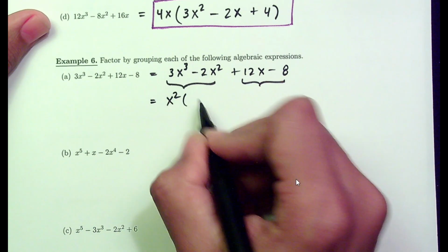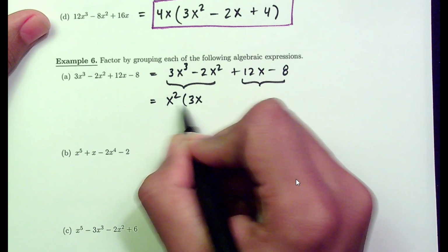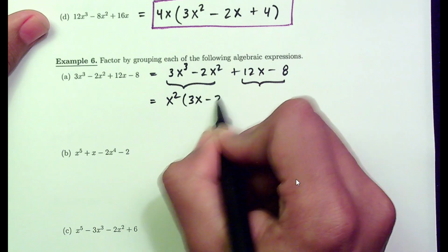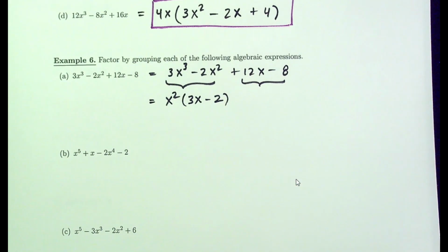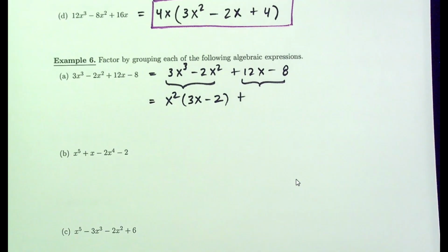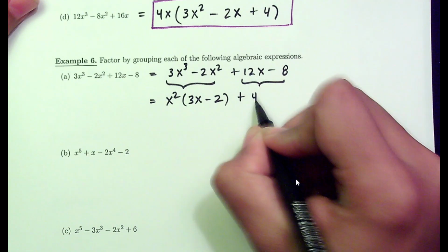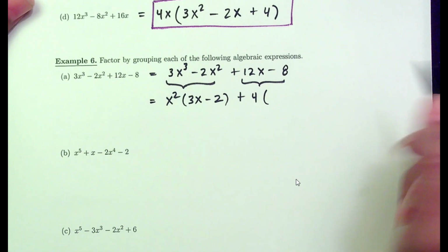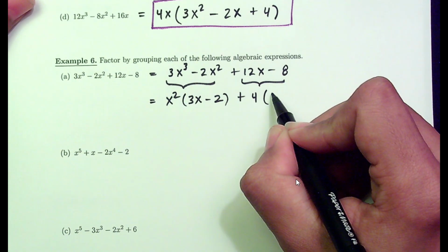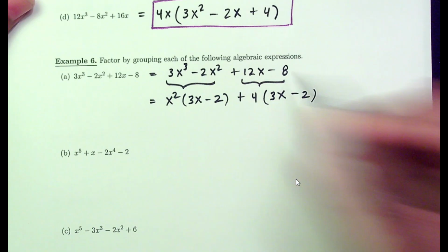Then, if you pull out an x squared, you're supposed to have 3x here, so that if you multiply, you get 3x cubed minus 2. Right? And now you pull out the GCF from the last 2 terms. What is in common between 12 and 8 is a 4. So factor it out and then write down what you should have left. Here I need a 3x to get back 12x, and here I need a 2 to get back 8.